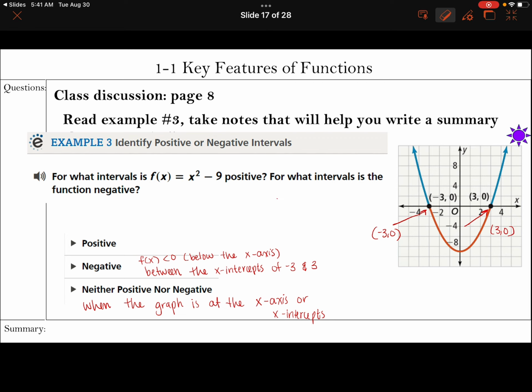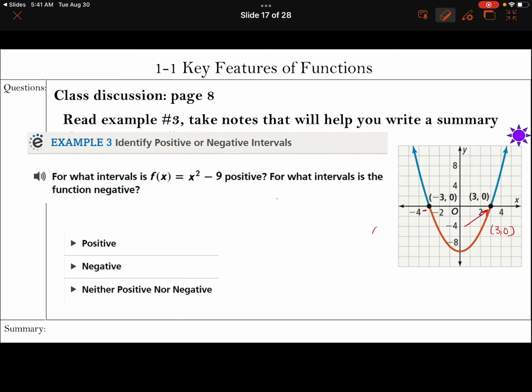So let's write the intervals. It's positive at the interval -infinity to -3. We are not including -3 because it's neither positive nor negative at -3.